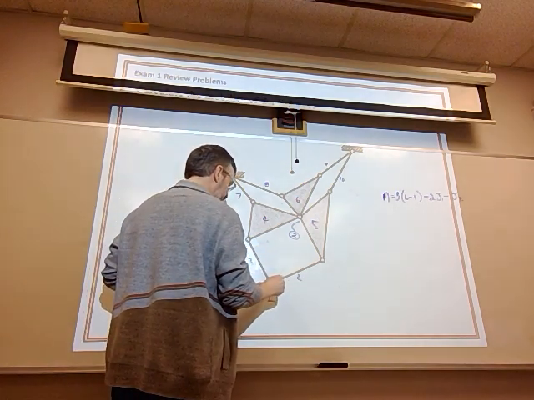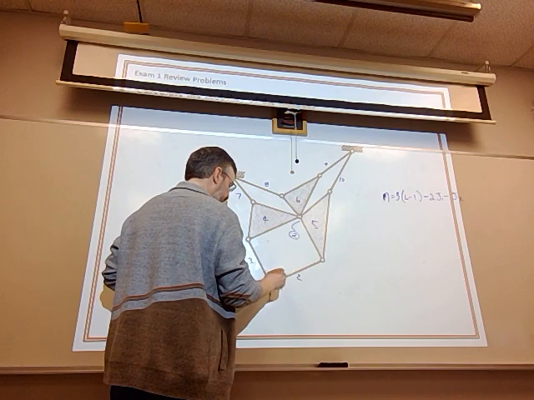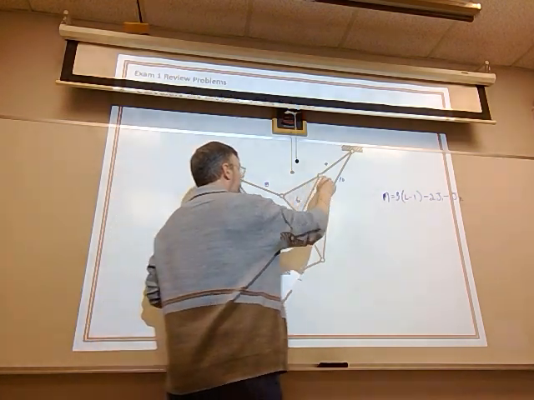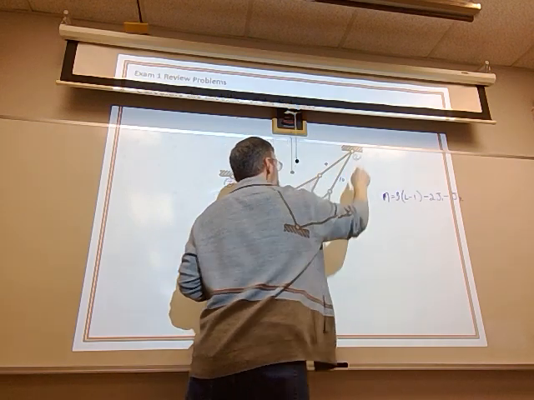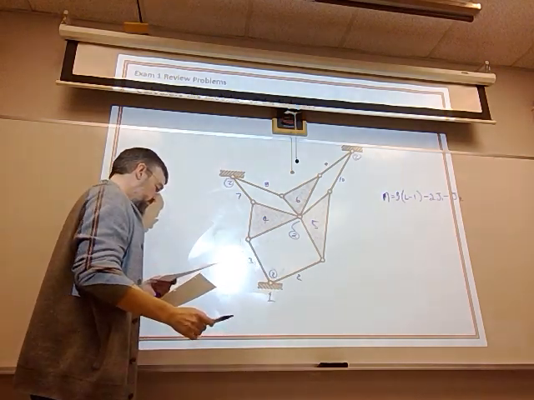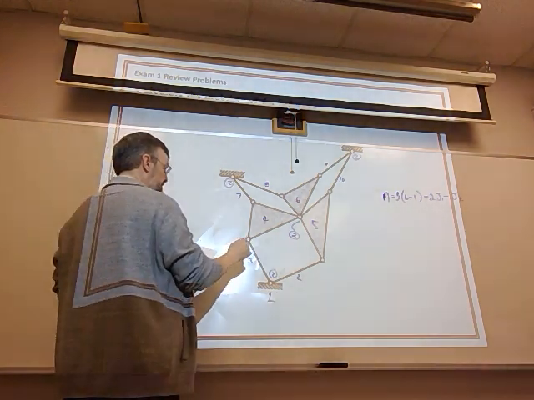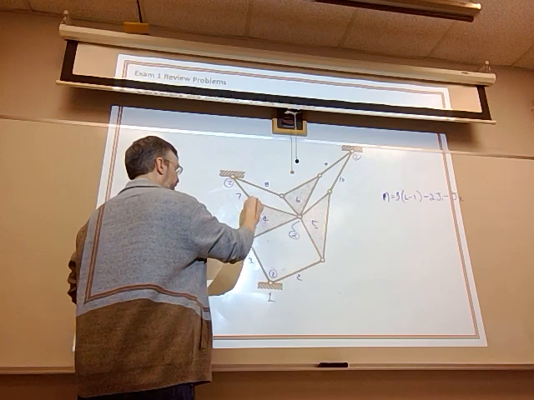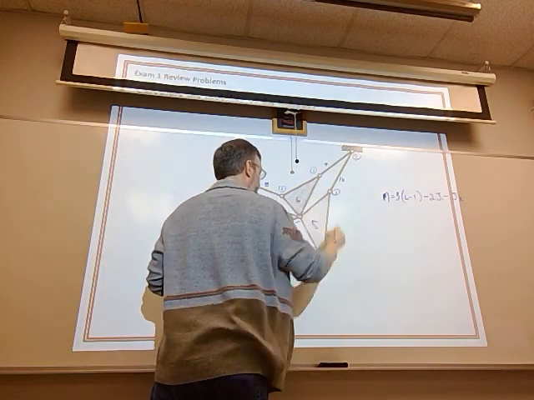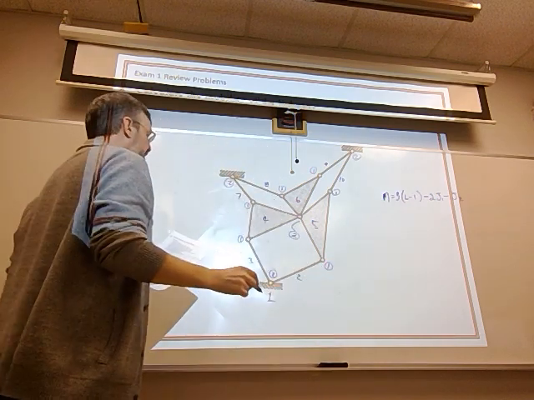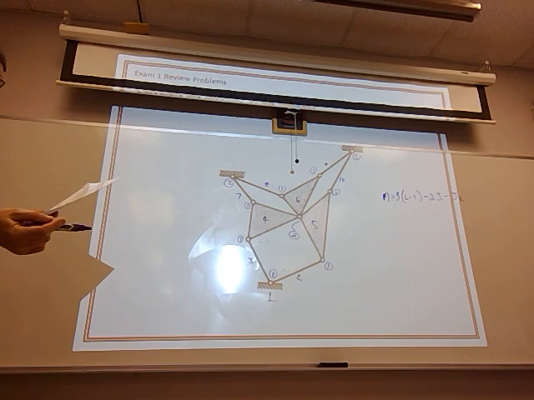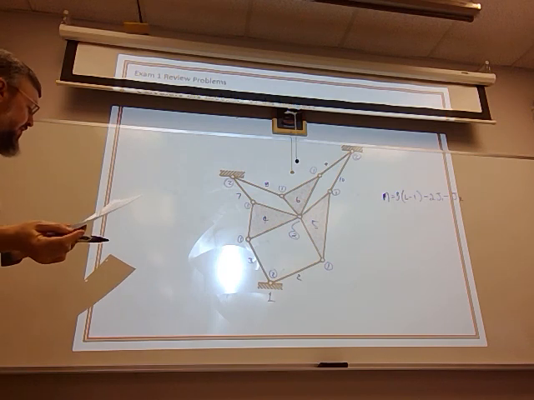And because this connects 3 links here, this is also a 2, and this is also a 2, and this is also a 2, right? So each of these counts as 2 joints. And so we have a 1 here, a 1 here, a 1 here, 1 here, 1 here, and 1 here. That's how I've written it down here. I think I was coming up with my own method of doing it.